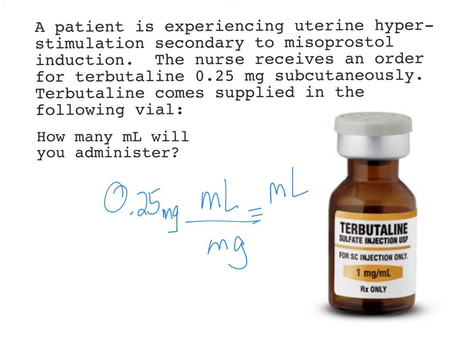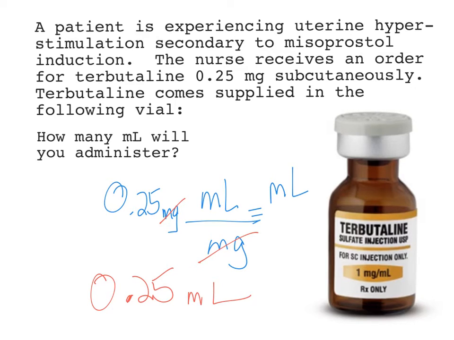So, using this, we cross out anything we don't want, which would be milligrams, we just want mLs. We have to give 0.25 mLs. Now, here's the tricky part of this. That was not hard math, was it? No, not at all. Dimensional analysis worked really well for that.